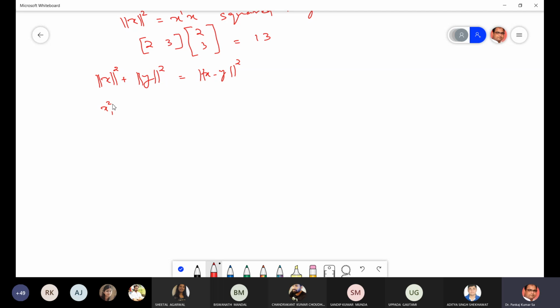X is nothing but x1 square plus x2 square up to xn square, plus y1 square plus y2 square up to yn square, is equal to (x1 minus y1) square plus (x2 minus y2) square up to (xn minus yn) square.